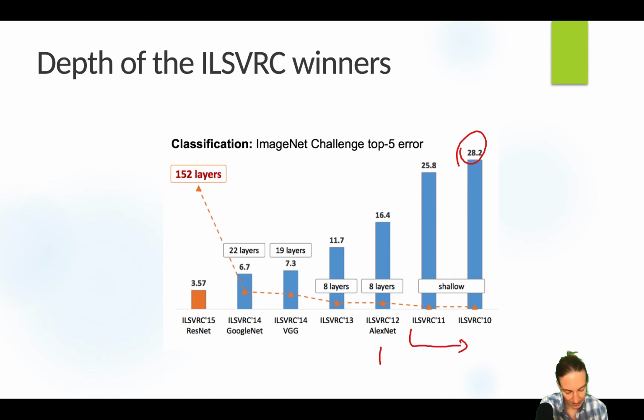Then we have AlexNet, which caused a really big performance increase, 8 layers. Then we have VGG-ish, another huge stride here, 19 layers. GoogleNet, the Inception network, ResNet, etc. Now our error is amazingly small.